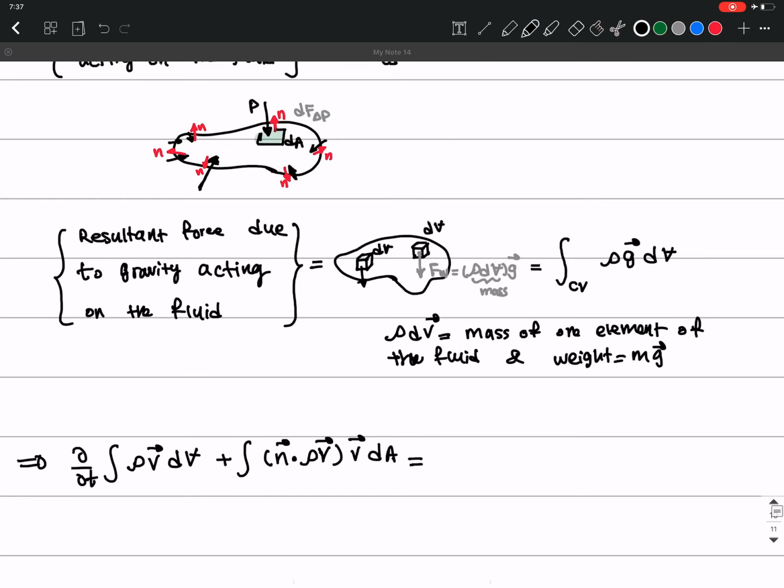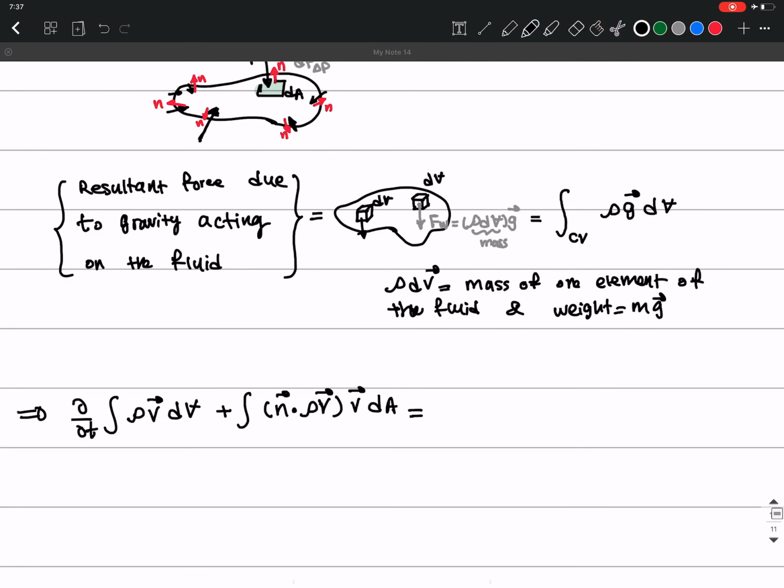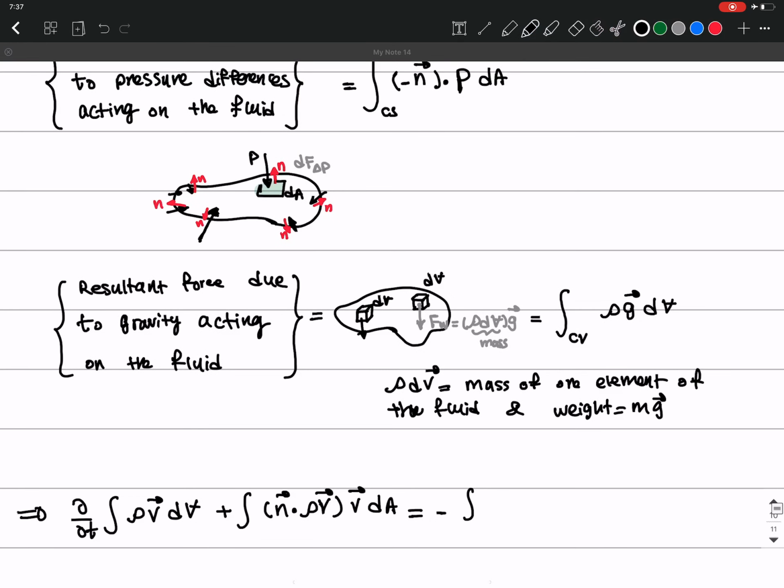So what are the forces? The first force is the pressure force. So I'm just going to write minus integral n P dA, plus the second one, which is the weight of the fluid.